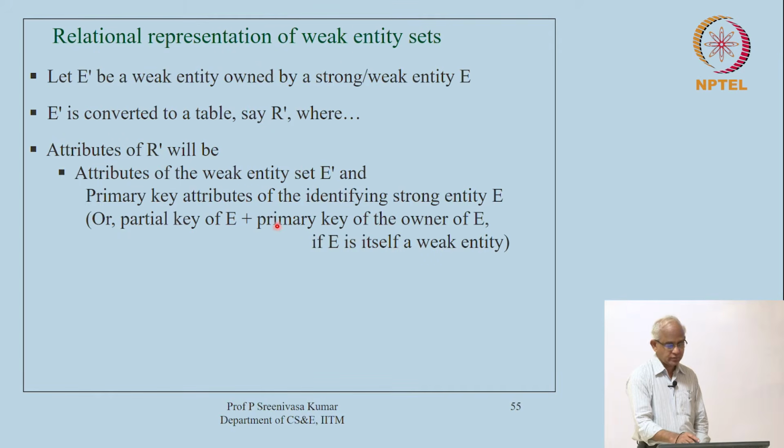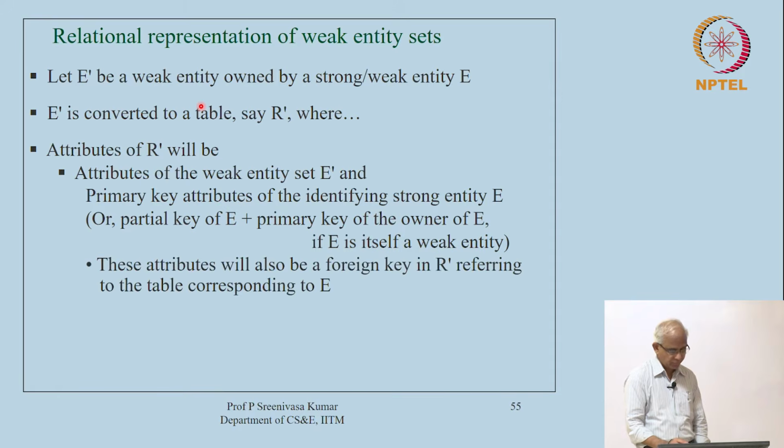So, in case a weak entity is owned by another weak entity, the approach we can follow is to first map the owner weak entity into a table, and then bother about mapping the weak entity. Okay, so that is how we will need to handle the weak entity type.